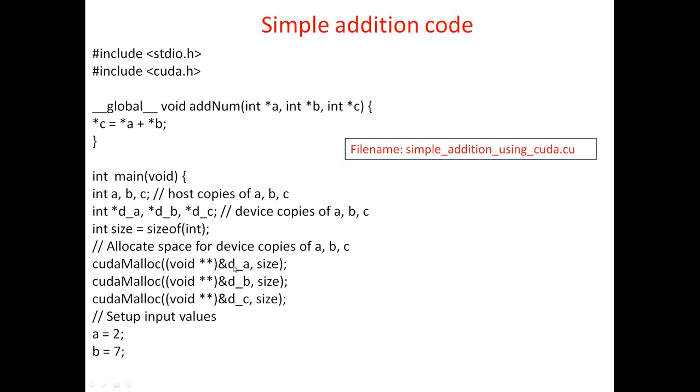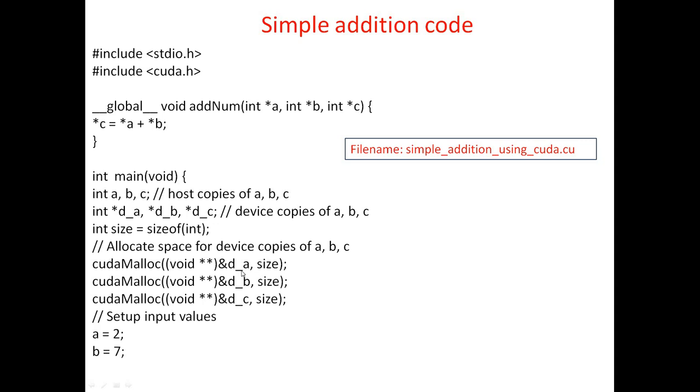Now the main program looks like that. Integer A, B, C are simple variables. You are creating a pointer to each: d_A, d_B, d_C. Then sizeof an integer is a constant, it is 4 or so. Now cudaMalloc takes a pointer to pointer, that means you are pointing to a device, not this particular CPU but a far off place, that is star star.